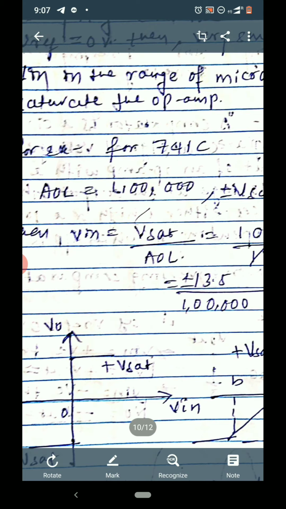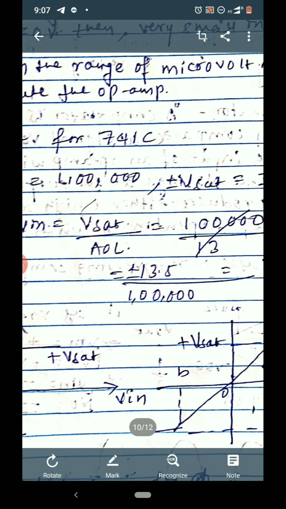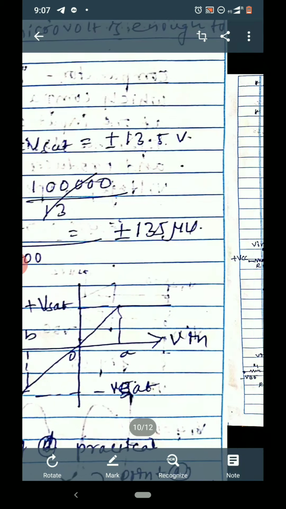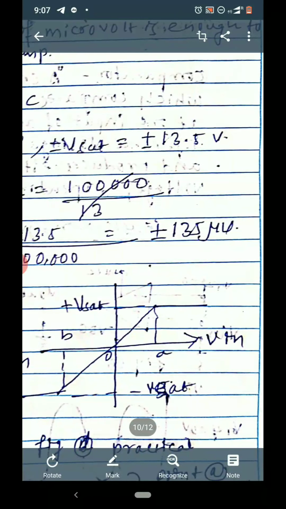So V input is equal to V saturation divided by AOL. Now, V saturation is plus or minus 13.5 volt divided by AOL, which is 1 lakh. So the answer is 135 into 10 raised to minus 6 volt: plus 135 microvolt, minus 135 microvolt.